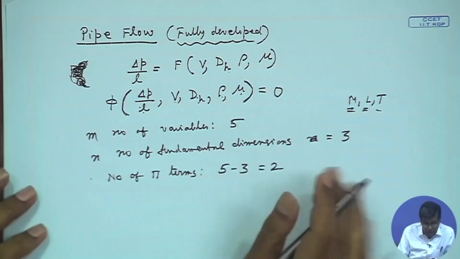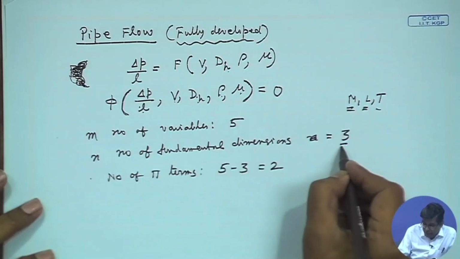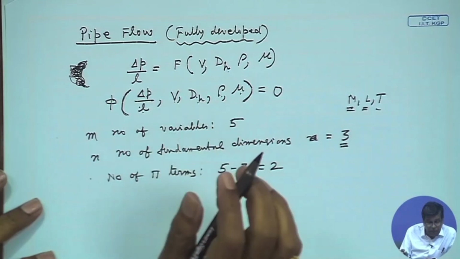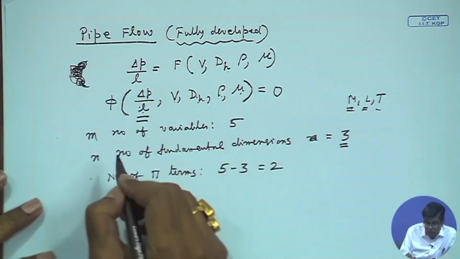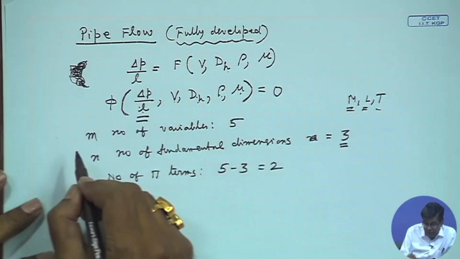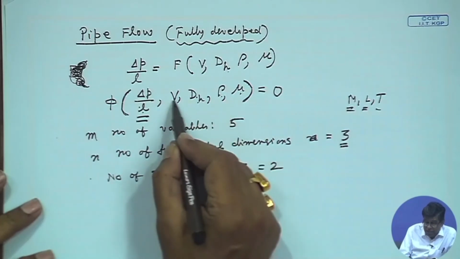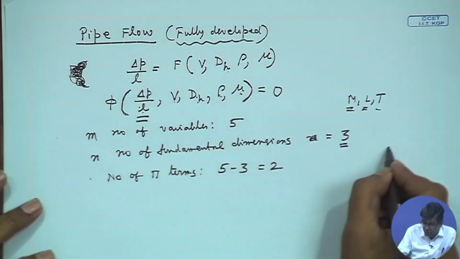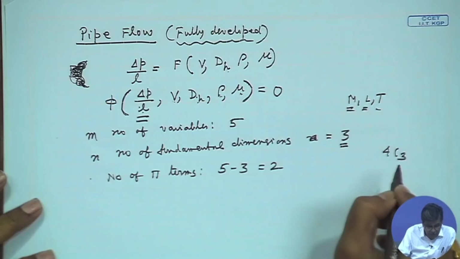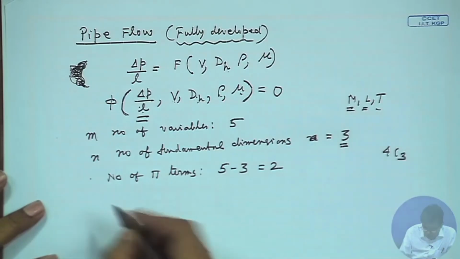Now, n is 3, so we can have 3 repeating variables. The output variable should not be among them. There are 4 dimensional variables, so the choice is 4C3. That means we can have many sets of repeating variables.